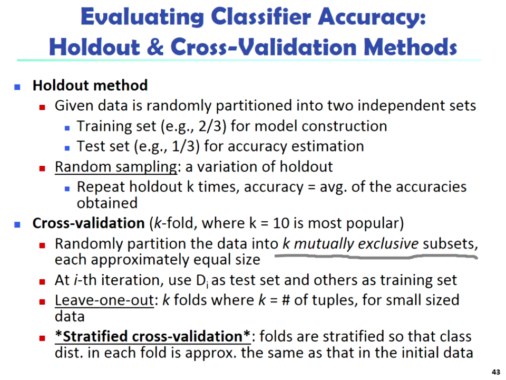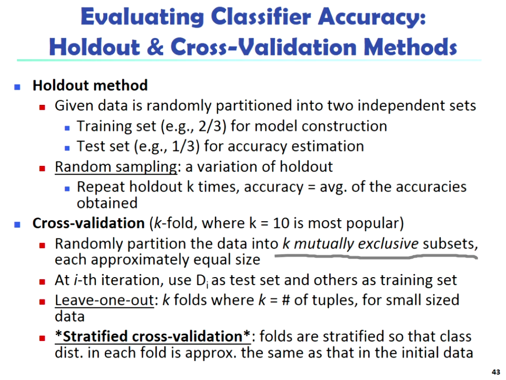Any questions about all these methods to evaluate classifier accuracy? Keep in mind that there are many metrics to evaluate a classifier: the recall, the precision, the accuracy, the F measure, and there are different manners to evaluate the classifier.